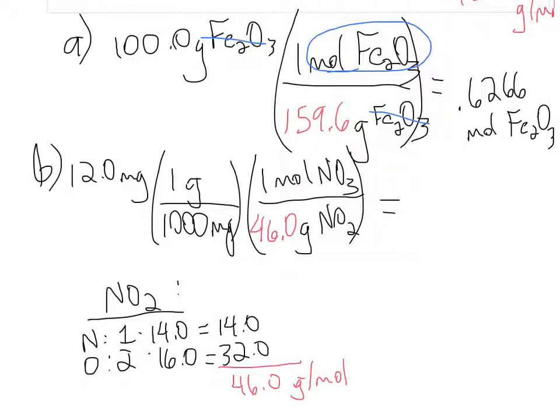We write that into the conversion factor, and if you look at the units, milligrams crosses out, grams will cross out. The unit that hasn't crossed out is the one that they want for your answer. Oops, I wrote NO3, I meant to write NO2 here.